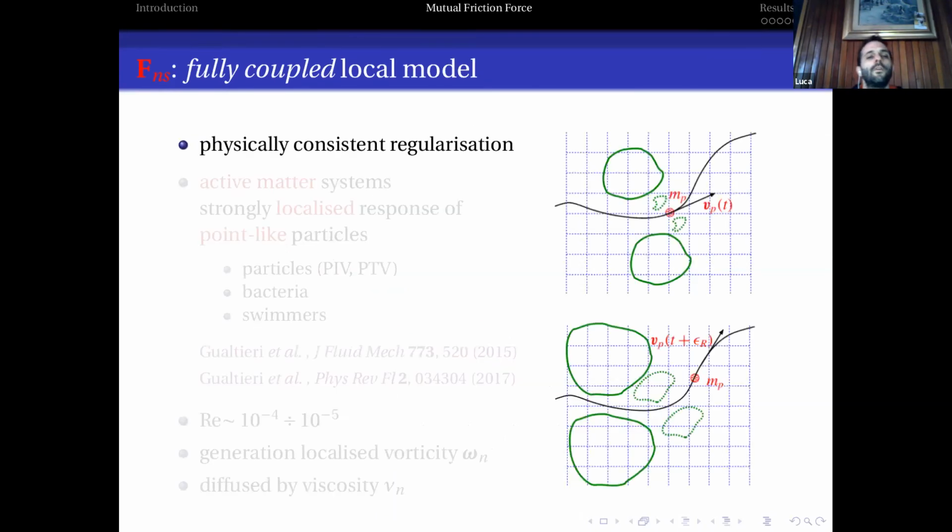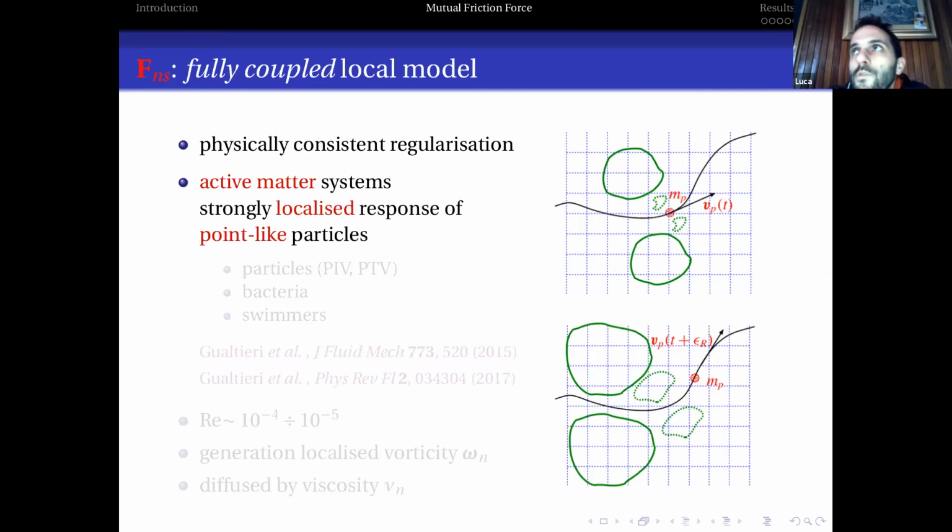So we looked for a physically consistent regularization. The problem we are facing is very similar to what researchers in classical turbulence face when they have to treat active matter systems with point particles, like the particles used in PIV or PTV experiments, or bacterial swimmers, when these point-like particles interact with the classical turbulent flow.